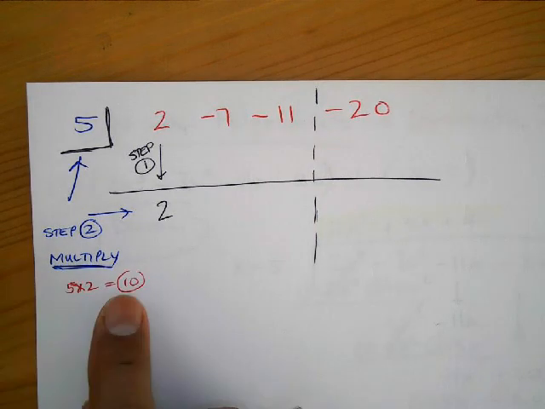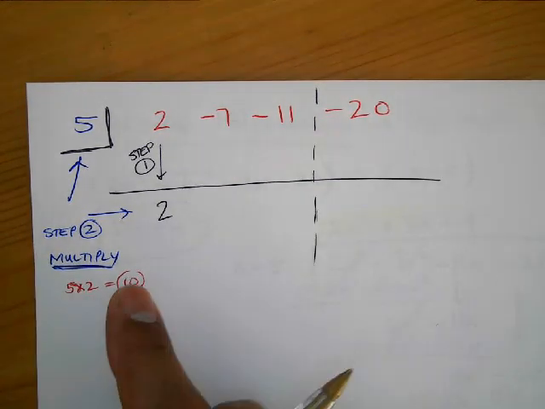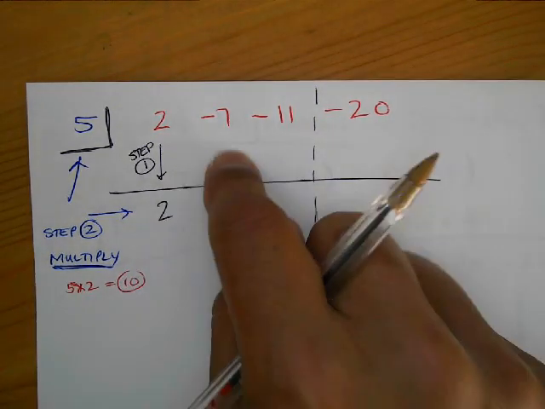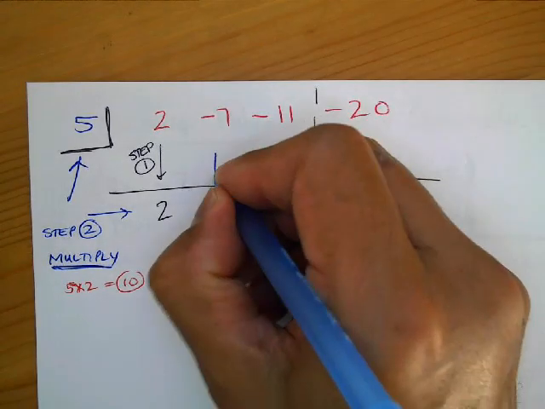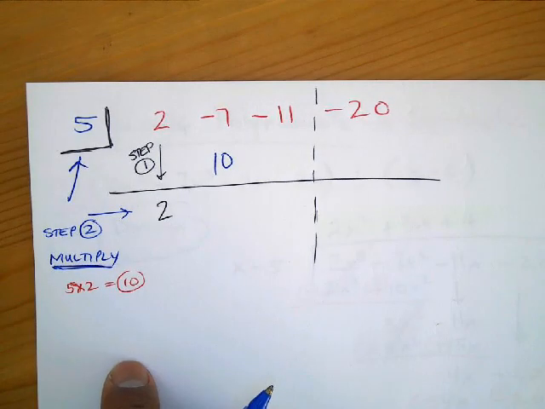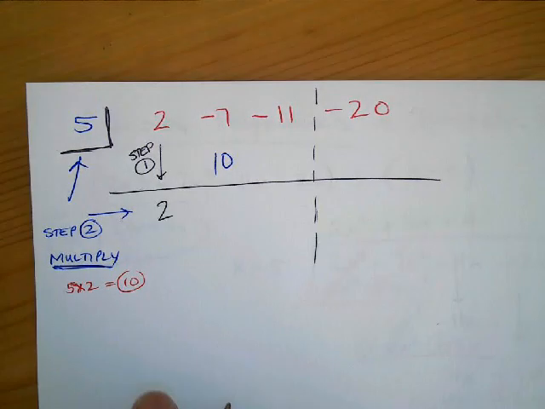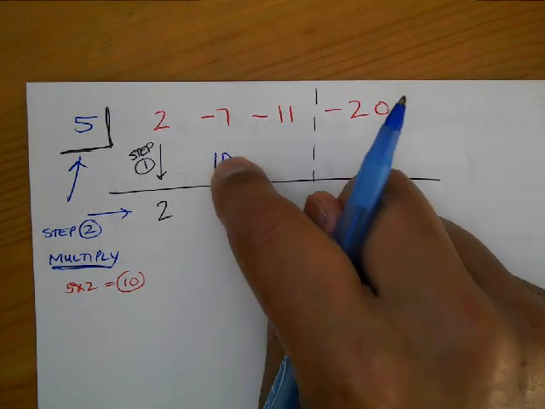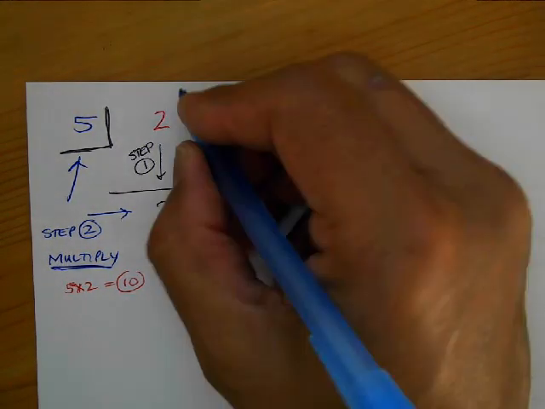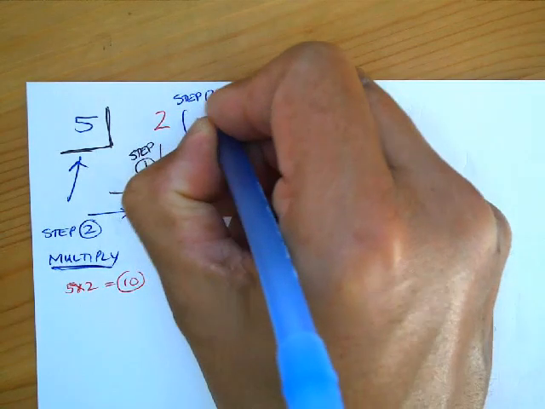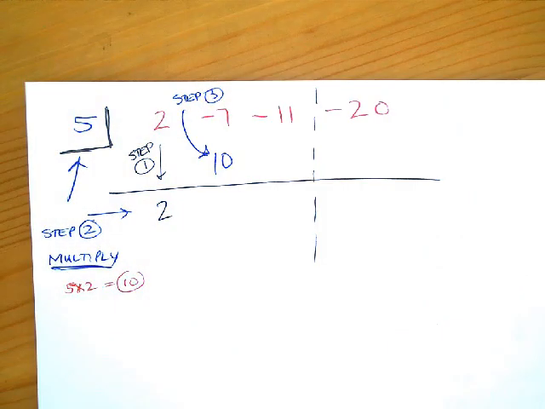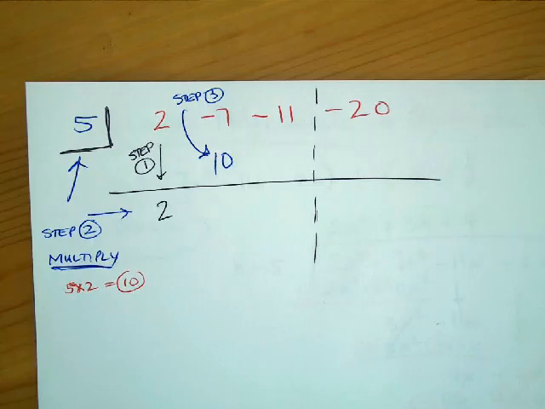So we got what? 5 times 2. Well, that's 10. What do I do with that answer? Step 3 is you put that answer right there. That's step 3.